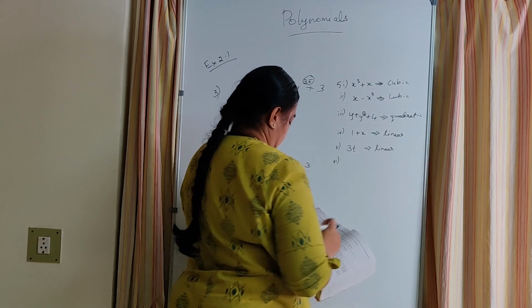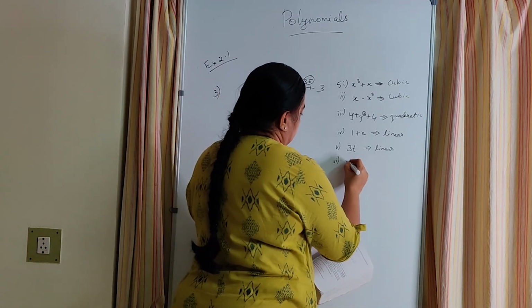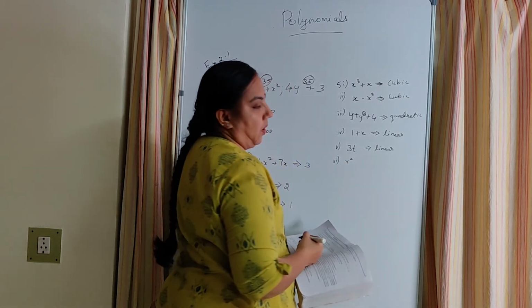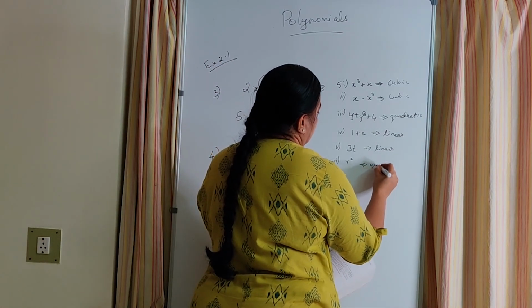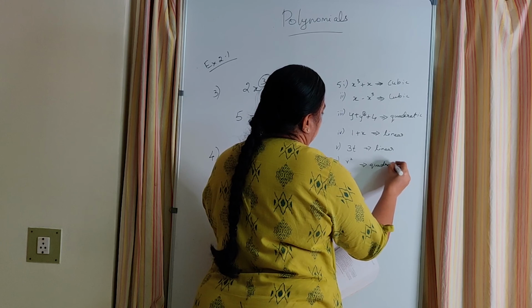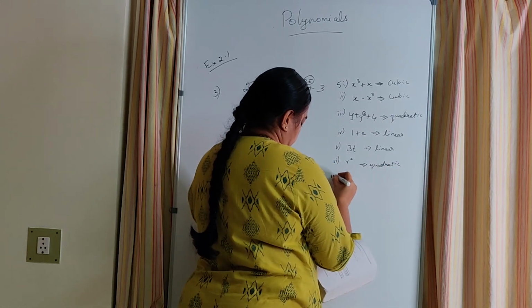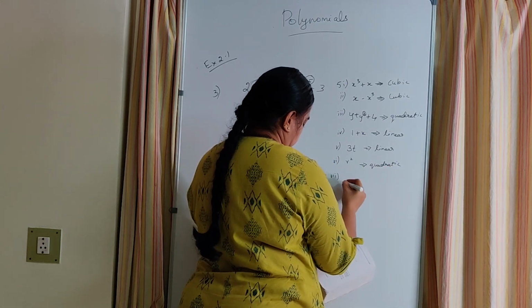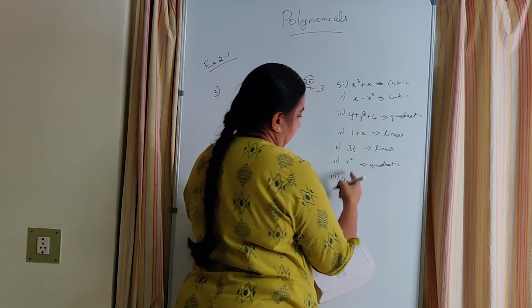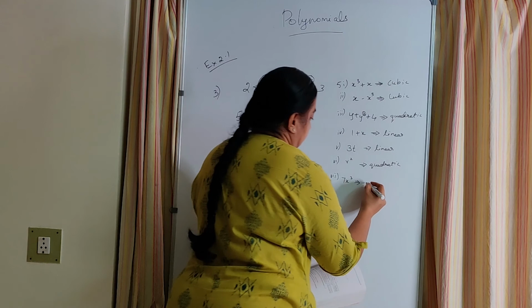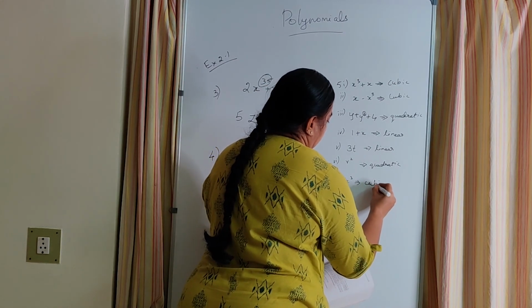Then r square. The power of the polynomial is 2, so it is a quadratic polynomial. Then the last sum, 7x cube. And here the power is 3, so it is a cubic polynomial.